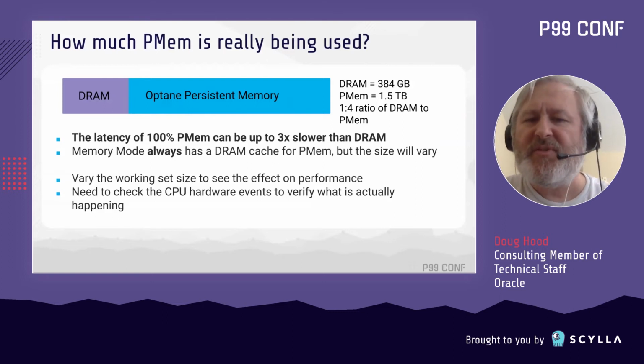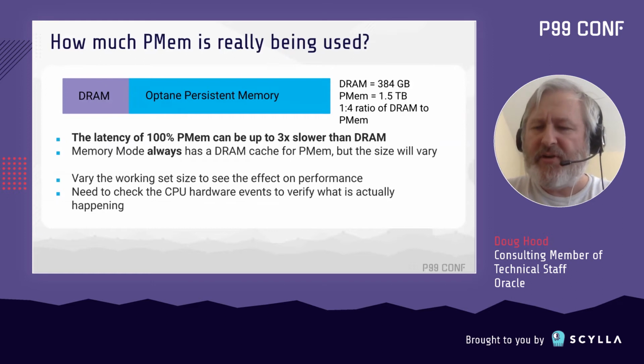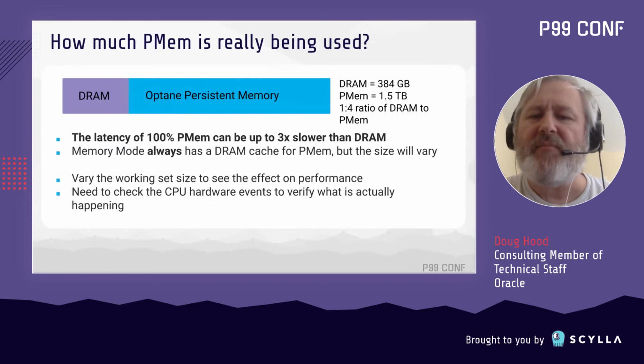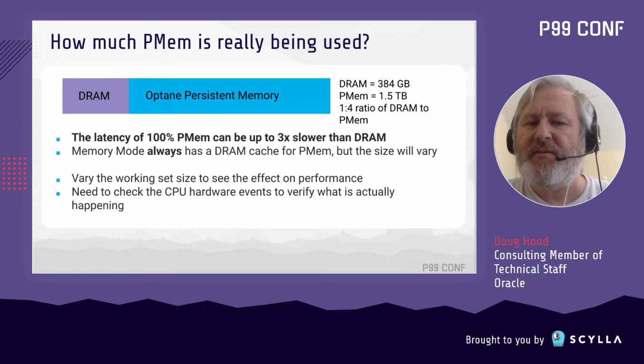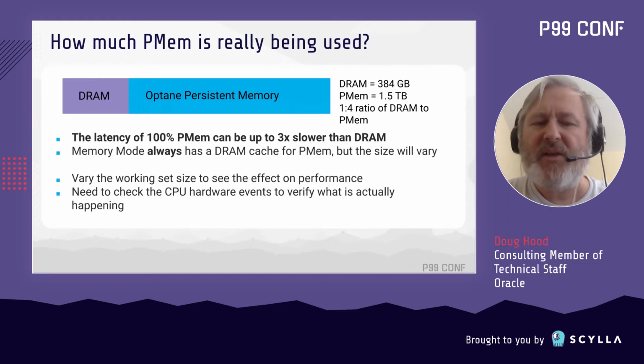On the machine I was using, I had 384 gigabytes of DRAM and 1.5 terabytes of persistent memory. So that gave me a 1-to-4 ratio of DRAM to persistent memory. Depending on how much money you want to spend, you might have less DRAM as a ratio to persistent memory. It might be 1-to-8 or 1-to-16. So those are physical hardware choices you make, but they have implications with respect to performance.